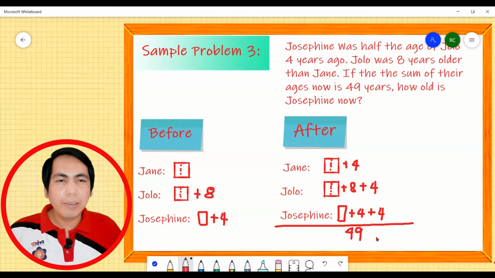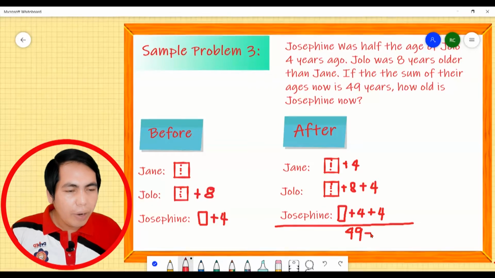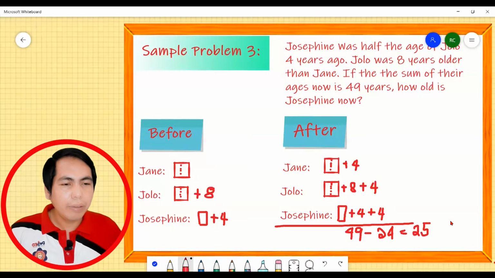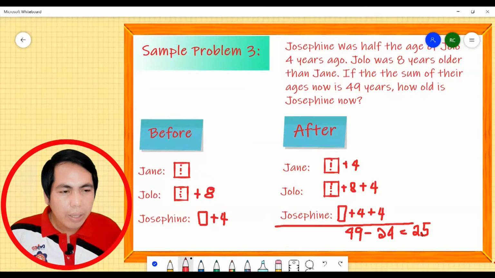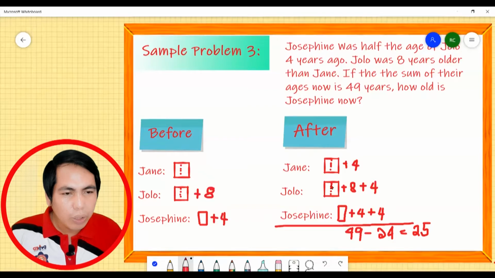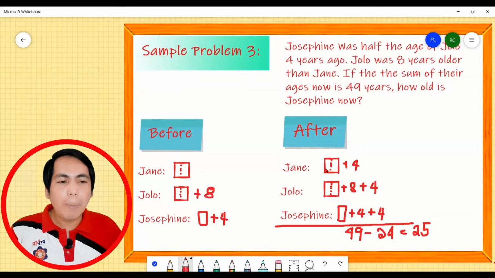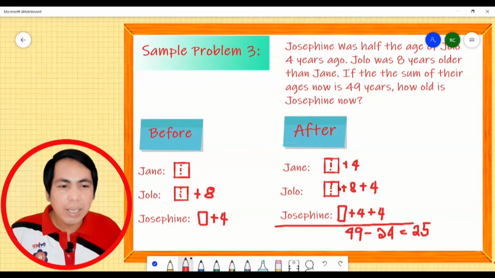Before we can identify the value of each of these empty boxes, we have to take away first 24 from 49 to give us 25. Now, we are going to distribute this 25 to 1, 2, 3, 4, 5 equal boxes, not 3, because we have to make all the boxes equal first.